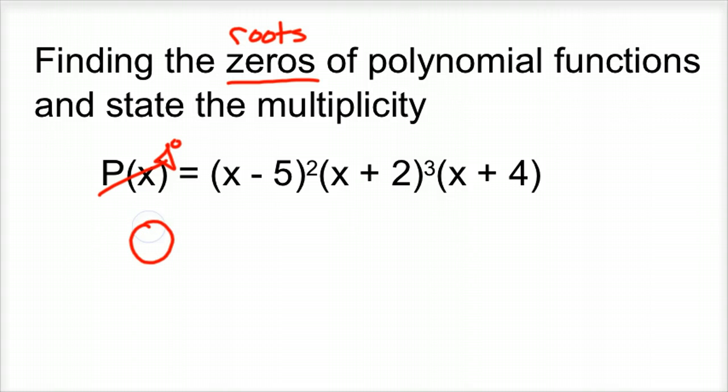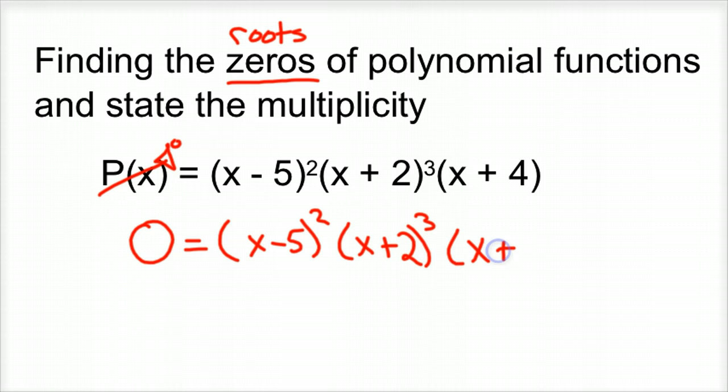If p of x is 0, then (x minus 5) squared times (x plus 2) cubed times (x plus 4), any of these three chunks could be 0. If you had a 0 here, you'd have 0 times the rest of it.